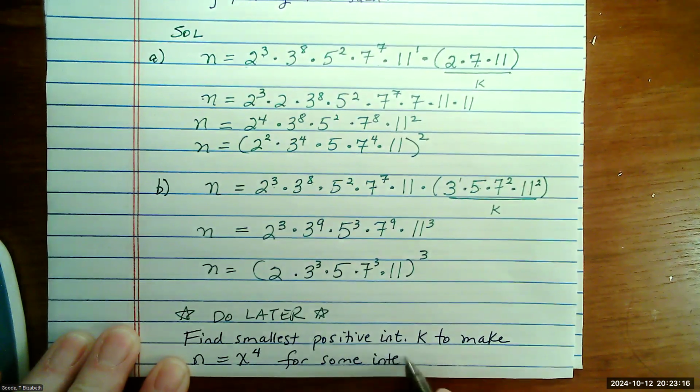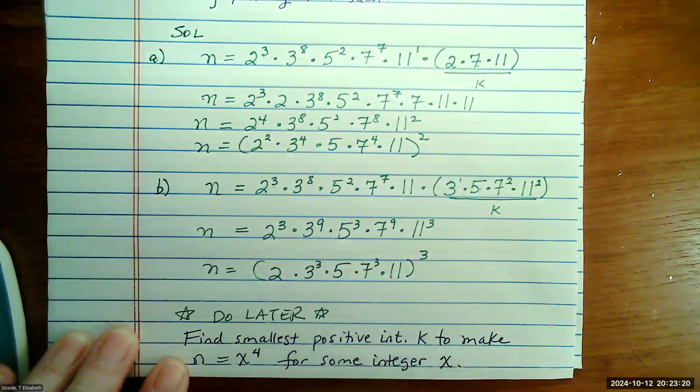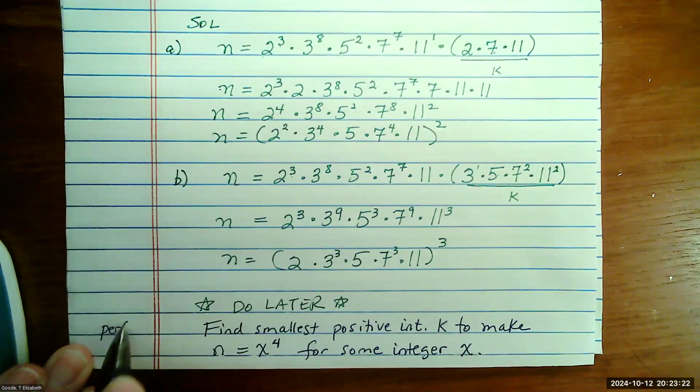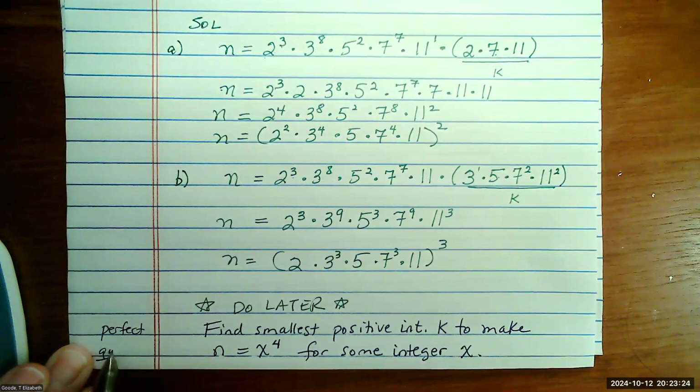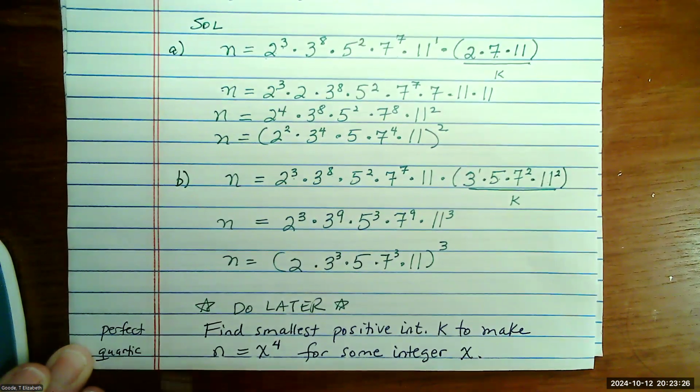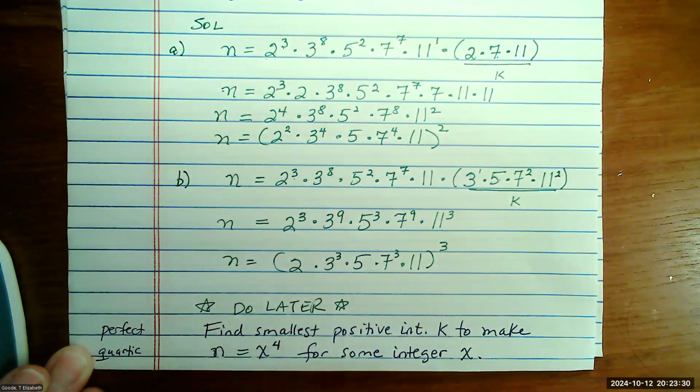In other words, make n a perfect quartic. We call that a perfect quartic. Or you could play the game and make n a perfect quintic. In other words, n would equal x to the 5th for some integer x.